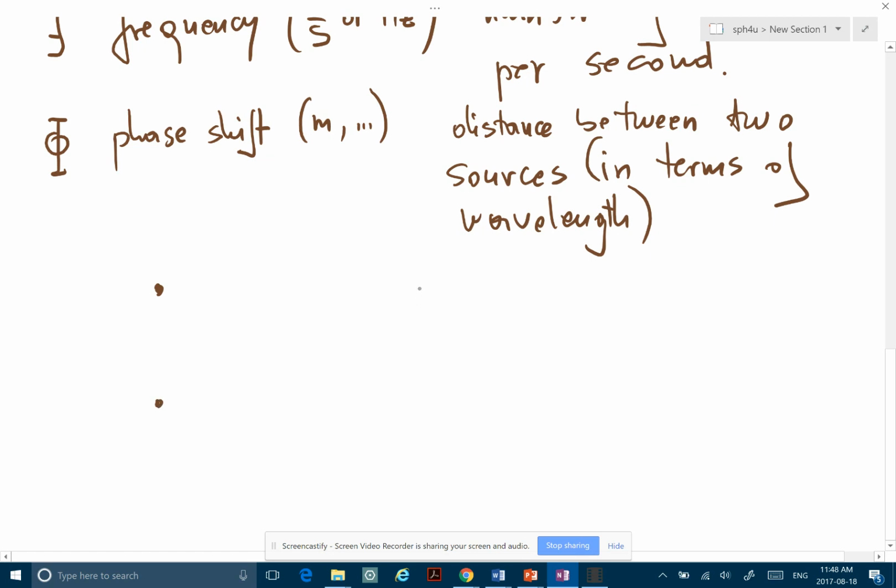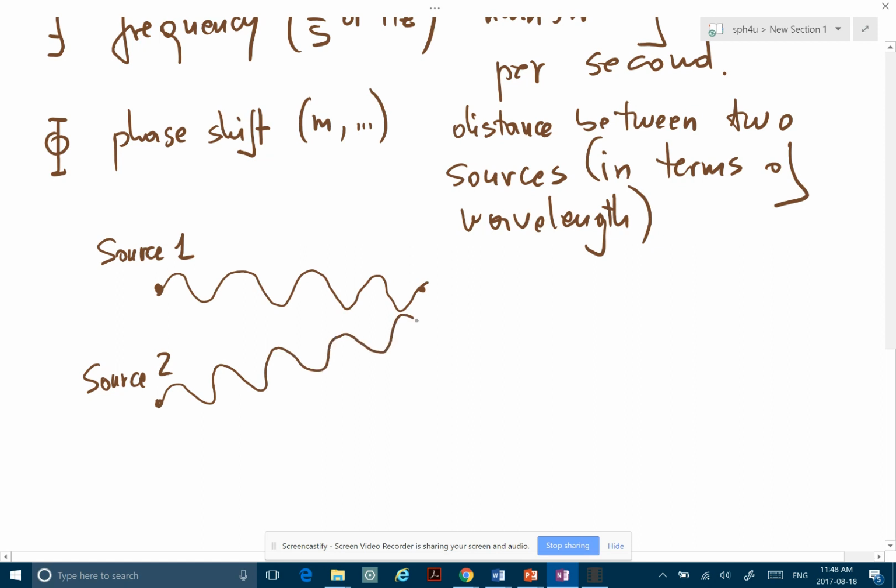But here we're going to give you an idea of what it means. If I have 2 points here, two sources, so a source of a wave here and another one down here, and they're both emitting some waves, and they're going like this, and this is a point P in space.